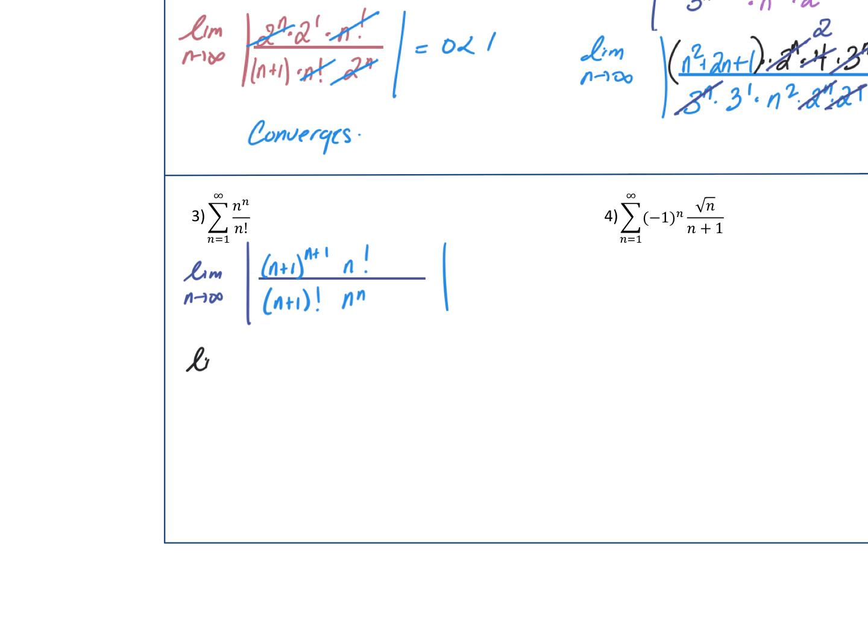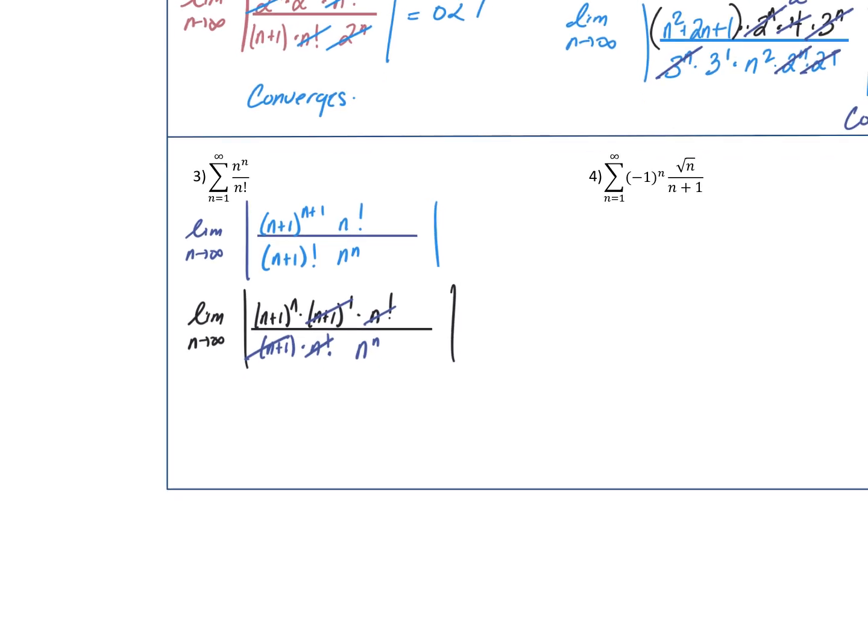So we've got the limit as n goes to infinity. So let's see what happens here. This I'm going to break up to n plus 1 to the nth times n plus 1 to the first, n factorial. On the bottom we have n plus 1, and then times n factorial, and then n to the nth power. So this cancels. This cancels.